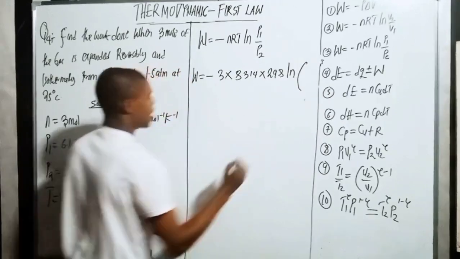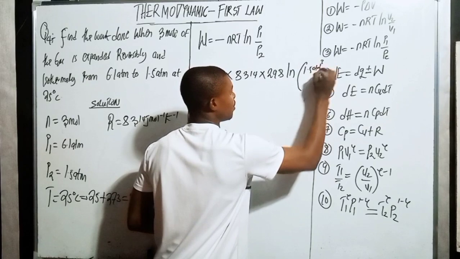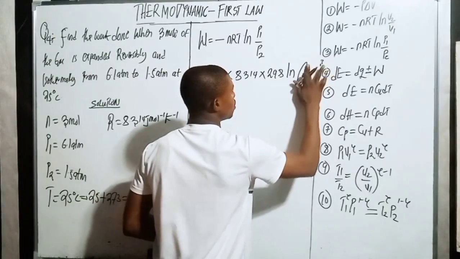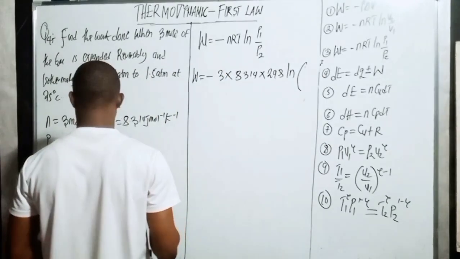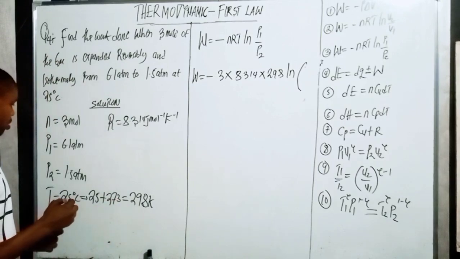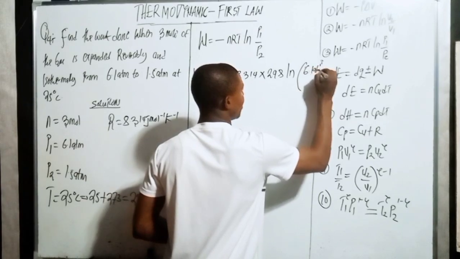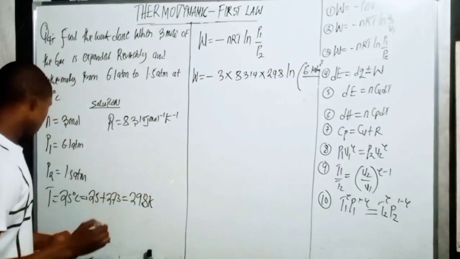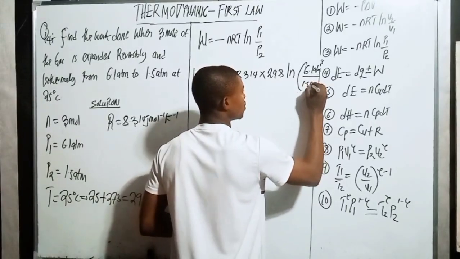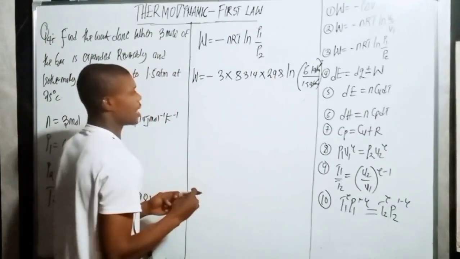My P1 is 6.1 atm over P2, which is 1.5 atm, right? So guys, that atm cancels out atm, right?